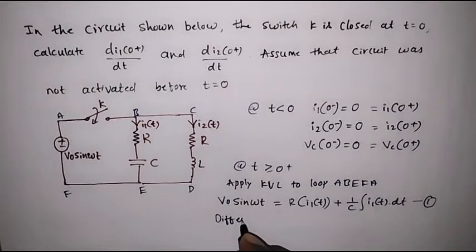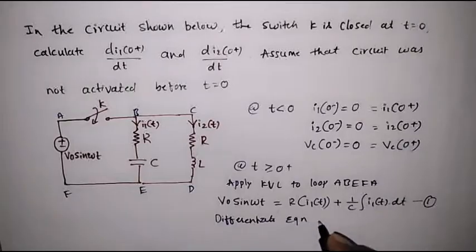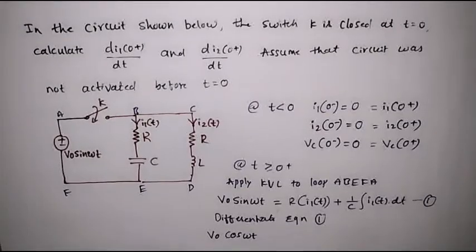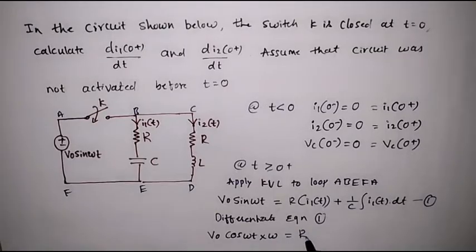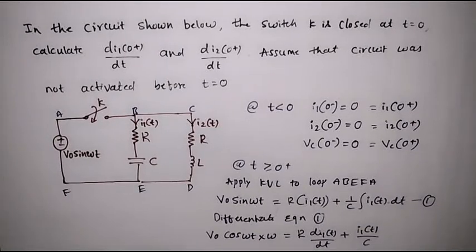Differentiating equation 1, I can write V0 is a constant, and the differentiation of sin omega t is cos omega t into omega, equal to R di1(t)/dt plus, since differentiation and integration cancel, I1(t)/C. This is equation 2.